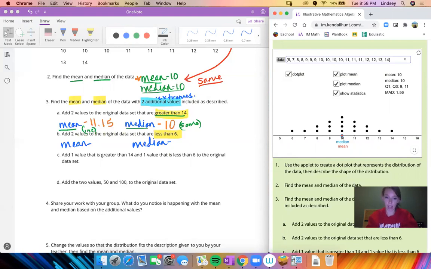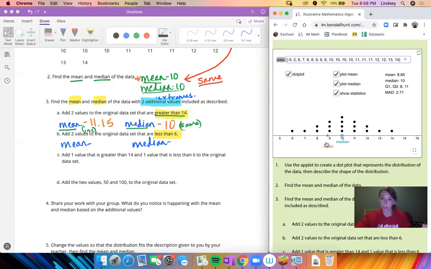All right, so I'm going to add -5 and 2. Both of those numbers are less than 6. All right, so looking over here now, my median is this little blue circle, my mean is this little red circle. So now look what happened when I added in these lower values.